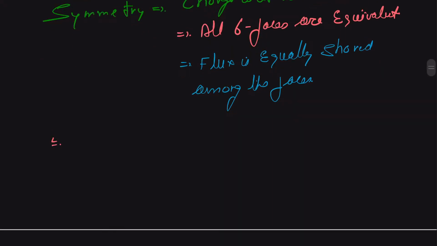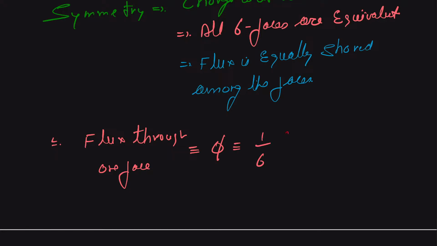Therefore, we can say the flux through one face, let us call this phi, then this phi will be equal to 1 upon 6 flux total, or we can say this will be equal to 1 upon 6 Q upon epsilon naught. And this was comparatively easy.